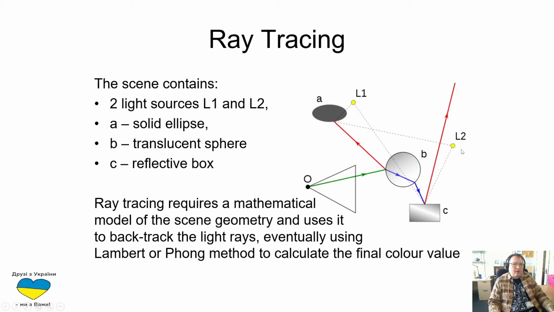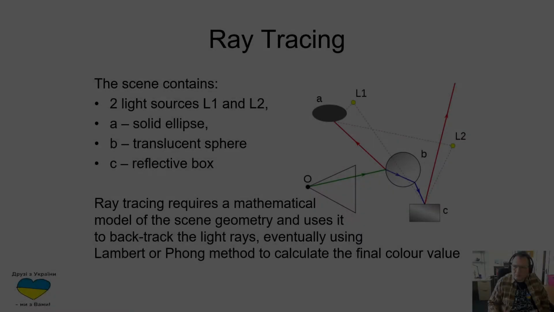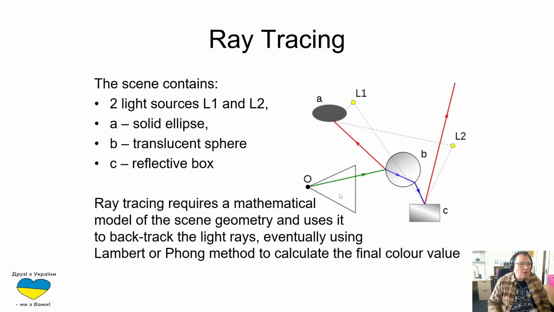L1 is here, L2 is here, and then a solid ellipse, a translucent sphere, so semi-transparent, and a reflective box, that's C. The point O is the observer of this scene, and we can see a part of the visibility cone.